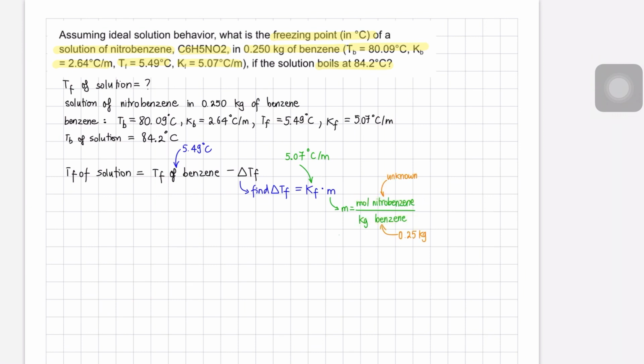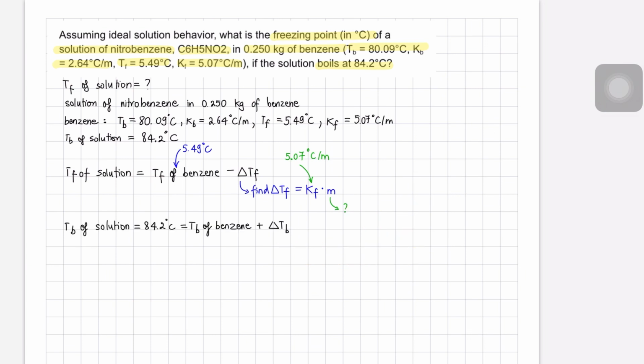We don't know the moles of nitrobenzene because no information is given on that, but we do know that the kilograms of benzene is 0.25 kilograms. So we cannot calculate molality directly from this formula. But what we can do is find molality from delta Tb, from the boiling point elevation.